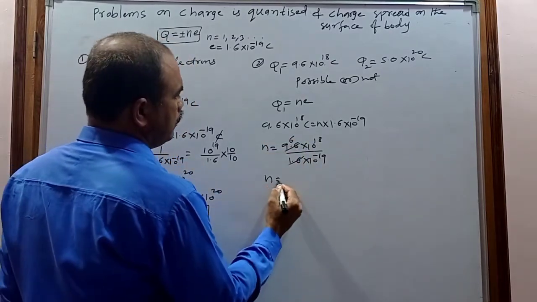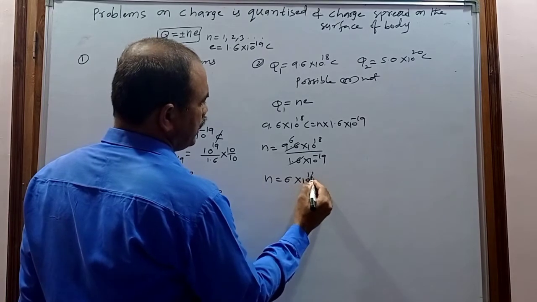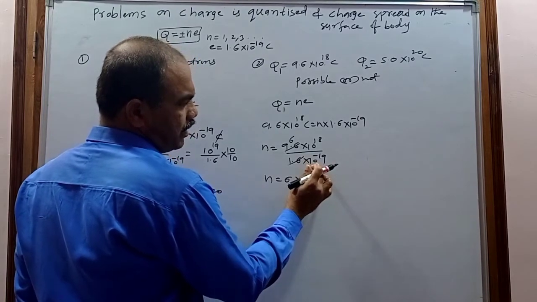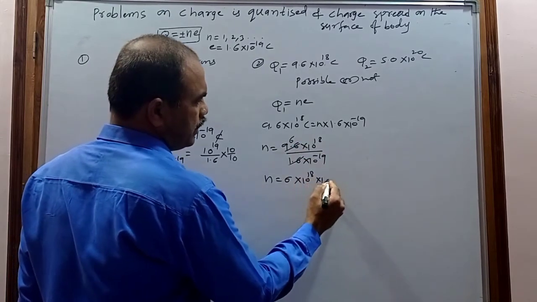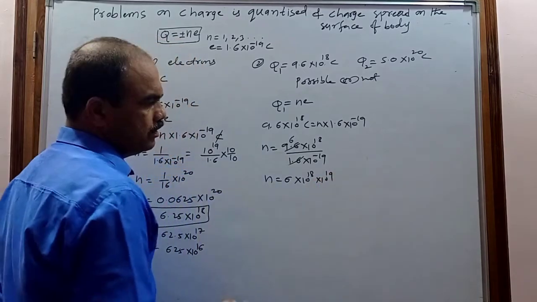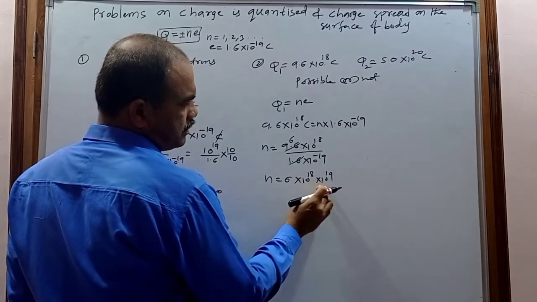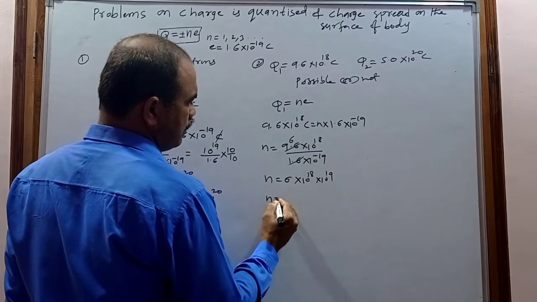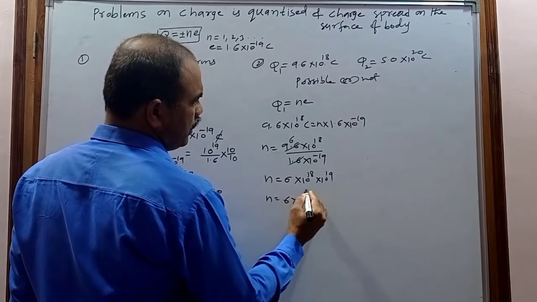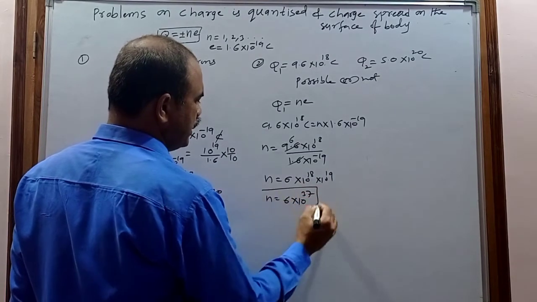So n = 6 × 10^18, and when I bring the 10^-19 to the numerator it becomes 10^+19. Since the bases are the same, you add the powers: n = 6 × 10^37. Okay, it is an integer.